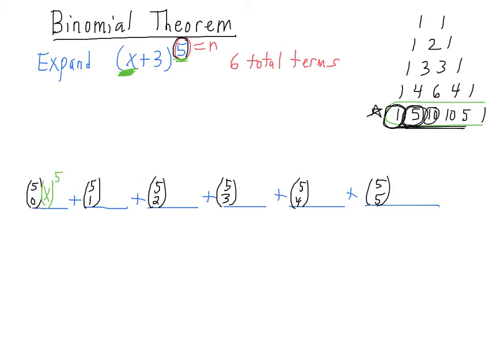Then it's really important to apply the power to both parts. Here it's not a big deal, but recall how we said the powers are going to go down by 1 each time. And the last one here, that's really x to the 0, but we don't have to write it if you don't want to. It's really just going to give you 1.